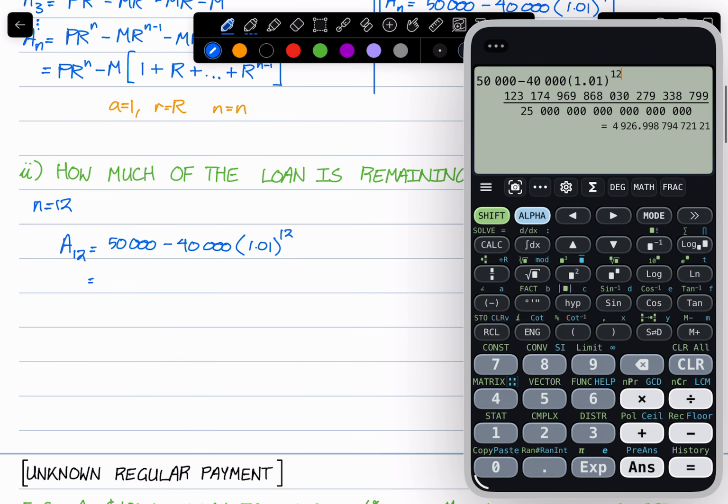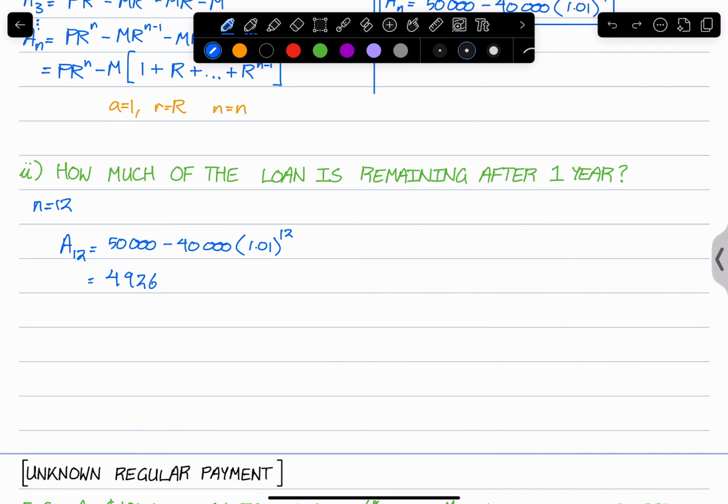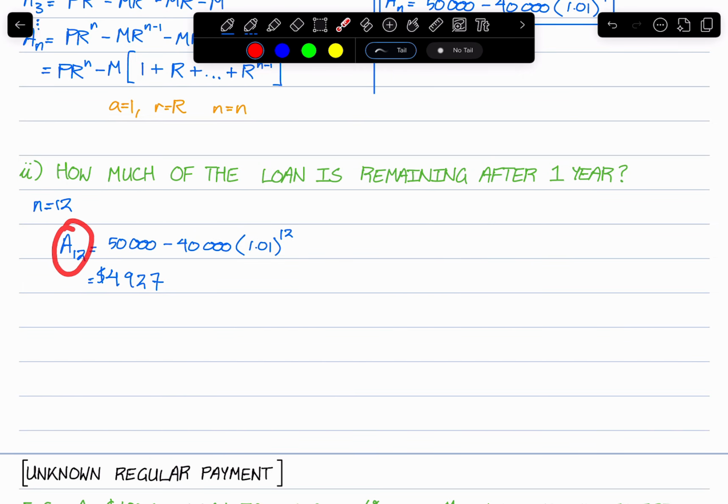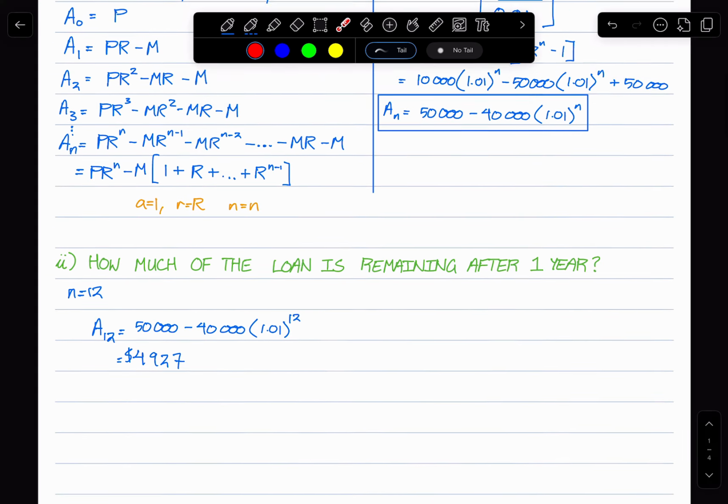There is $4,926.99. So just rounding up to the nearest dollar, it goes up to $4,927 remaining after 1 year or 12 months.